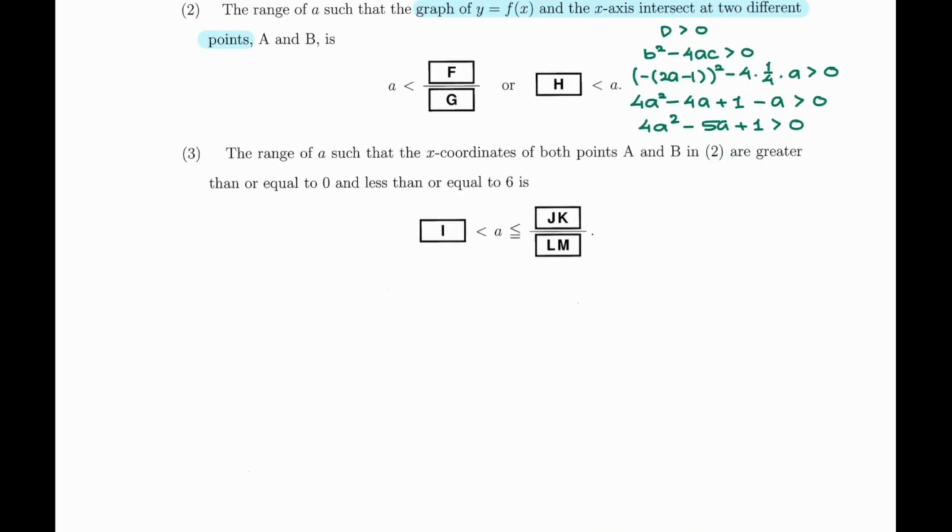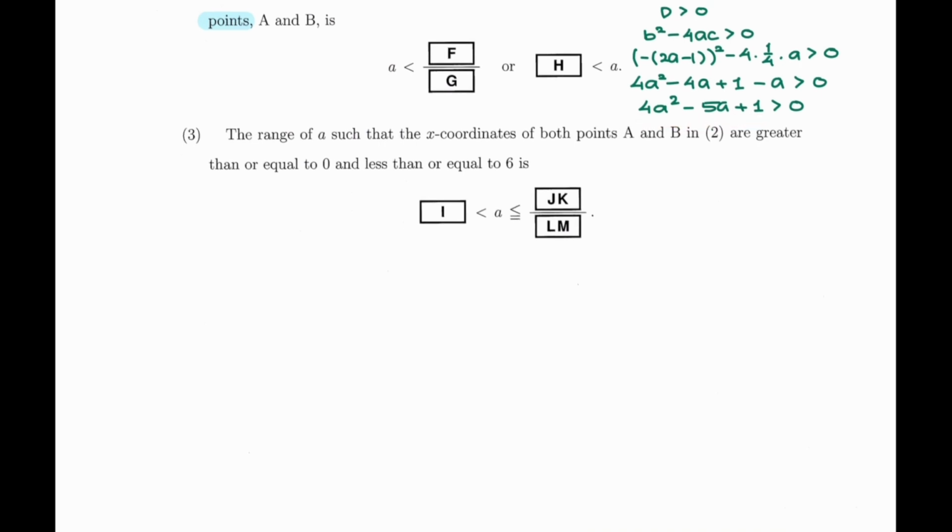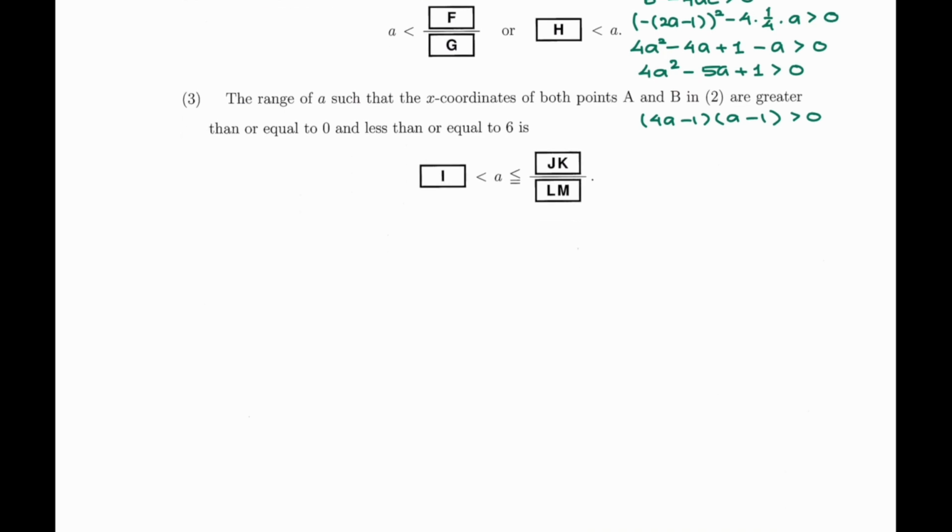If you want to solve an inequality, first of all, you need to find the critical values of this quadratic equation. By factorizing the quadratic equation, you will get (4a minus 1)(a minus 1) greater than 0. Then the critical values of our quadratic equation here are 1 over 4 and 1.